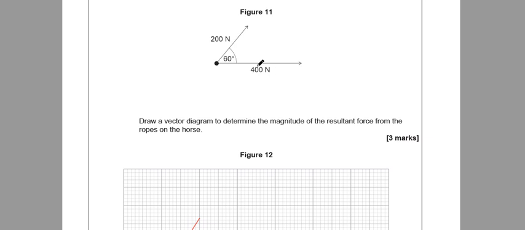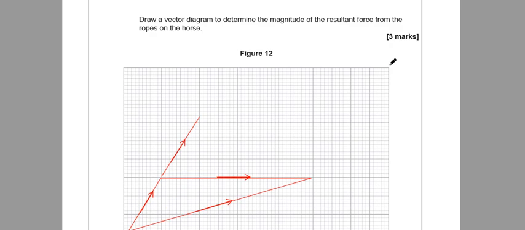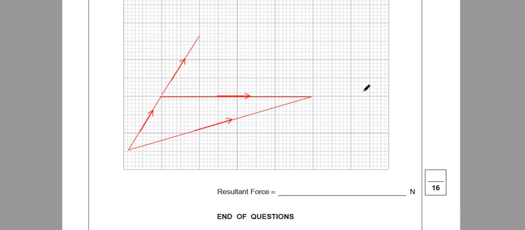So as this is 400 newton, we may choose a 1 centimeter scale to represent 100 newton. So this 400 newton can be represented by 4 centimeters, and we can use this plotting sheet to make 1 centimeter as one large square.